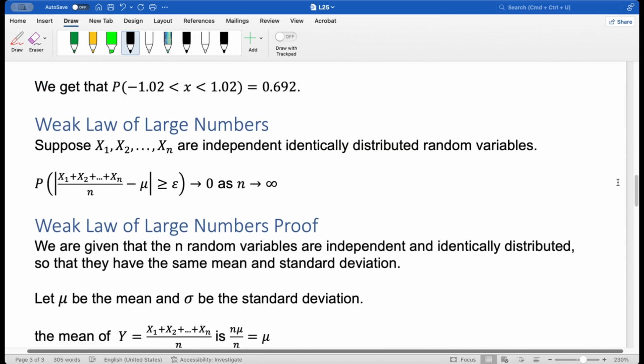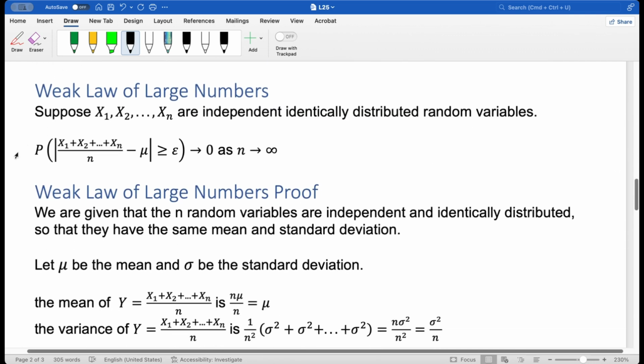So again, weak law of large numbers: the probability that the average of the n independent variables minus the individual mean is greater than or equal to epsilon, that probability approaches 0 as n goes to infinity.